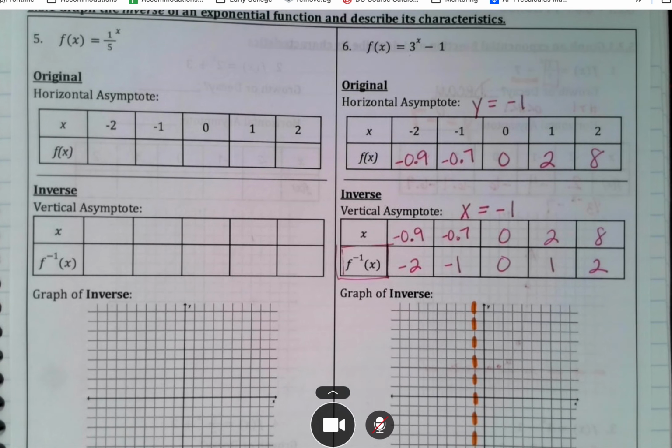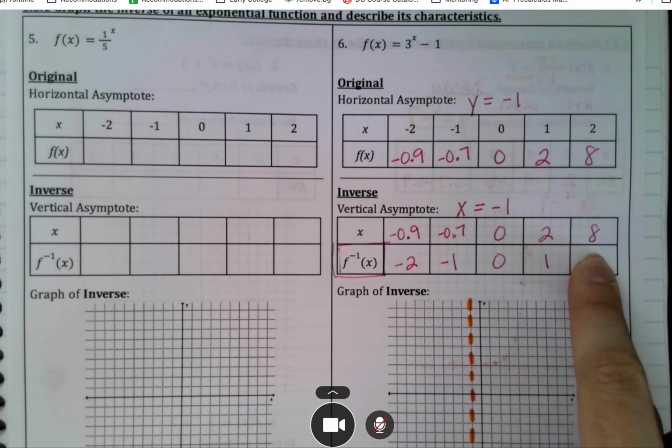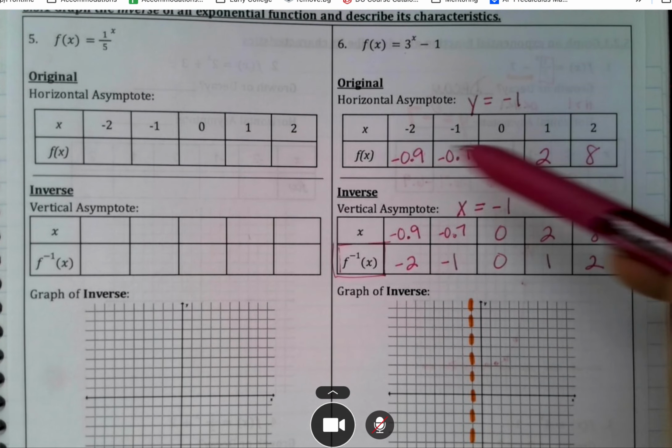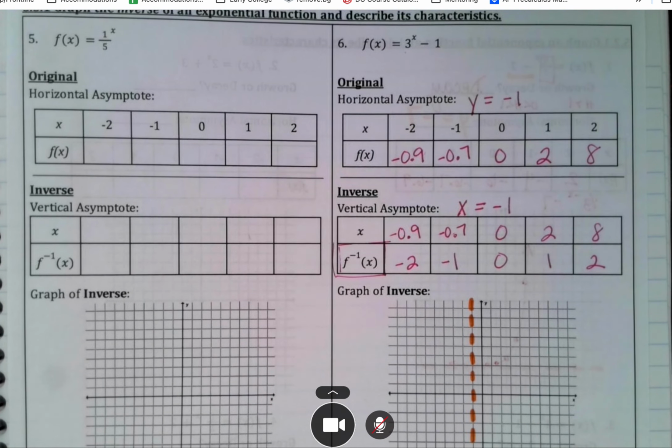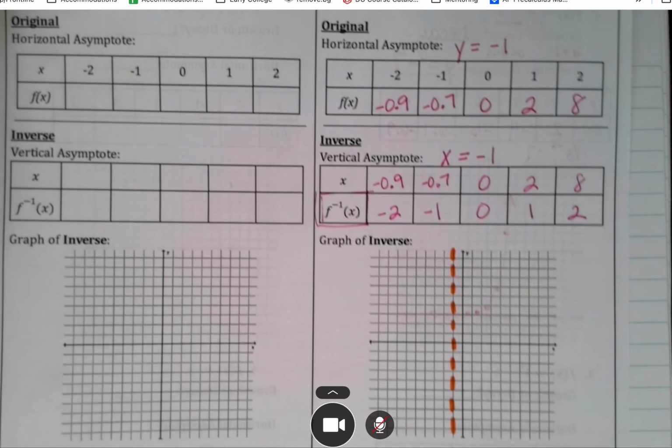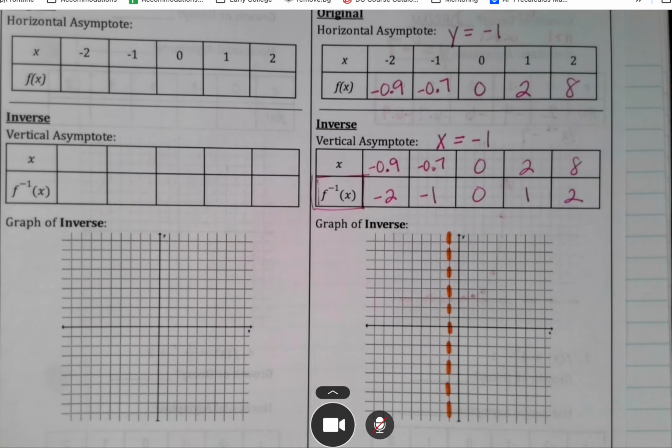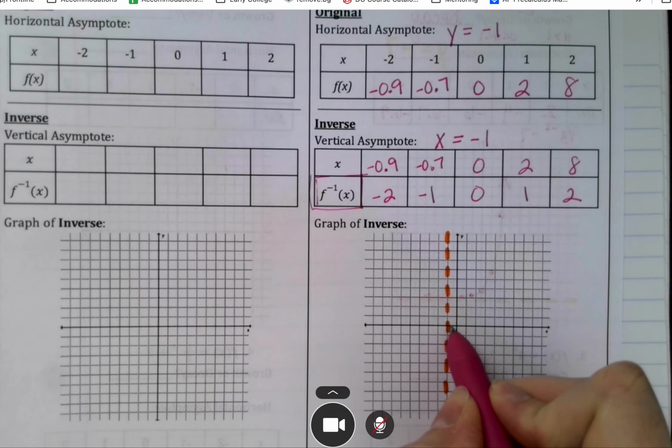And then I'm going to graph my points, and I'm only graphing my inverse. It doesn't say to graph my original. I just needed the table to get the table for the inverse. So an x value of -0.9 is really close to -1, but not quite there.